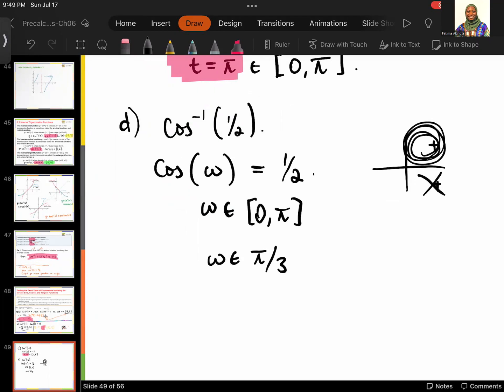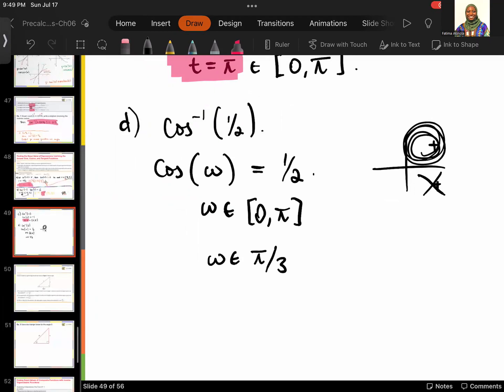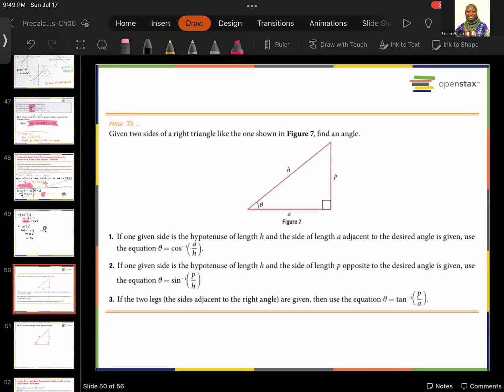Okay. All right. So now let's move on to how we can find angles using Pythagoras. I didn't really cover the part that has to do with calculators, because technically we're not supposed to use a calculator with your exams.